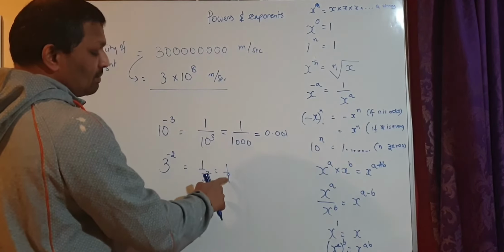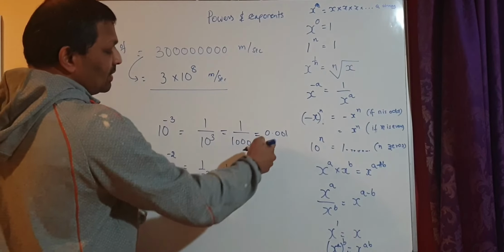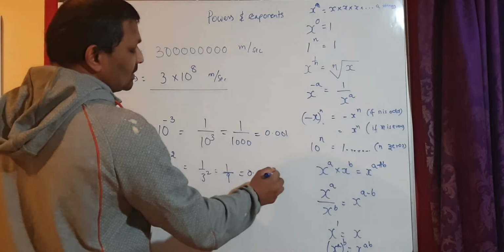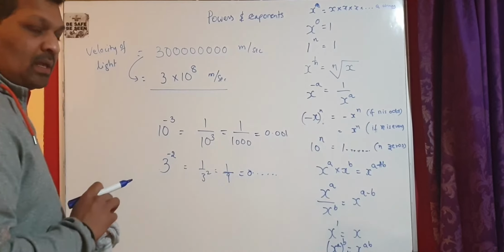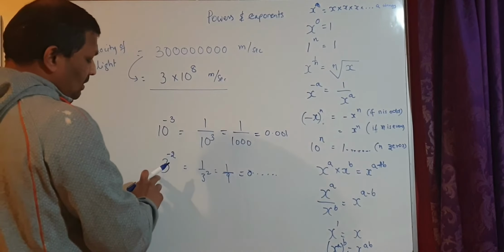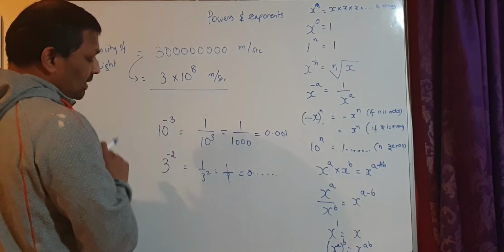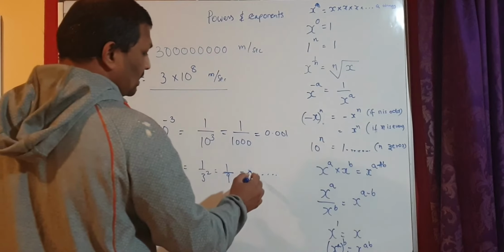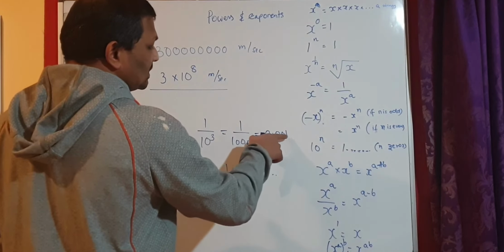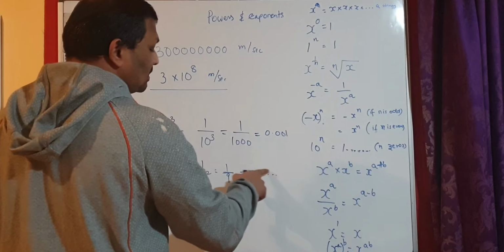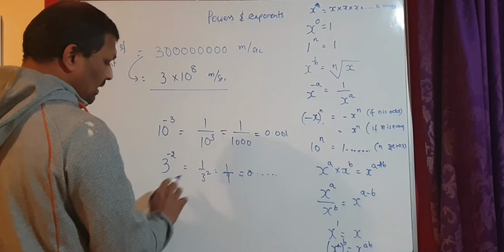Okay, 1 by some positive number, you'll always get a value 0 point something. So any positive number more than 1, if you raise it to a negative power, you'll always get a value that is less than 1. Here this is less than 1, here also you get something less than 1.